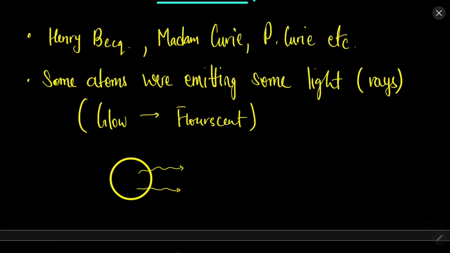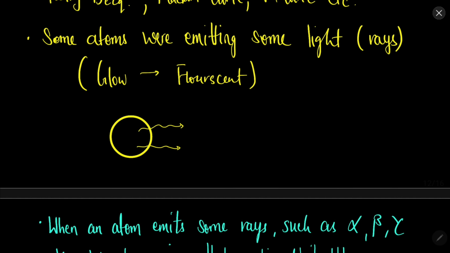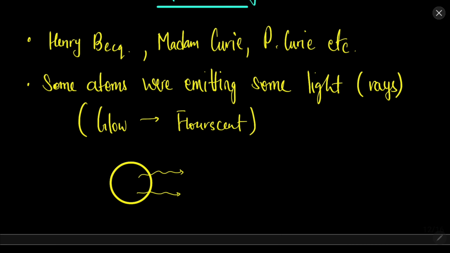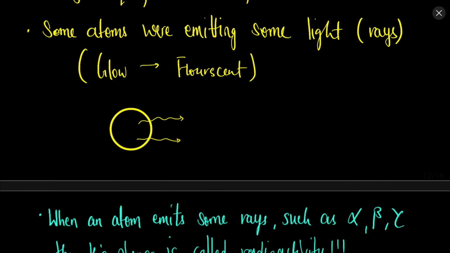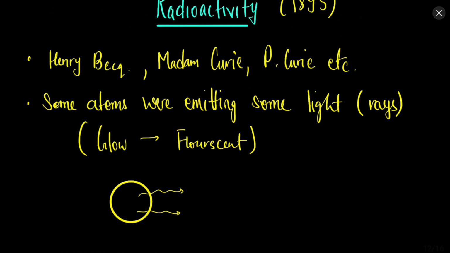So for example, radium is there which glows green, it is green in color. So when an atom emits some rays, like alpha, beta, gamma rays, and it glows, then this process is called radioactivity. Okay, so why does the atom emit alpha, beta or gamma rays?